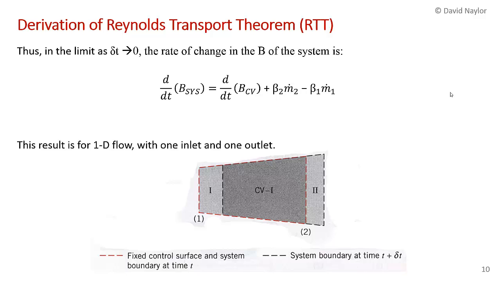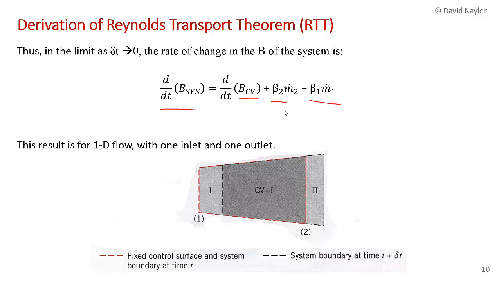So now in the limit, as that little increment in time goes to 0 and we take the derivative, we get the time rate of change of this property B, which might be momentum or energy or mass, is equal to the rate of change of that property B within the control volume in time, plus the outflow minus the inflow.